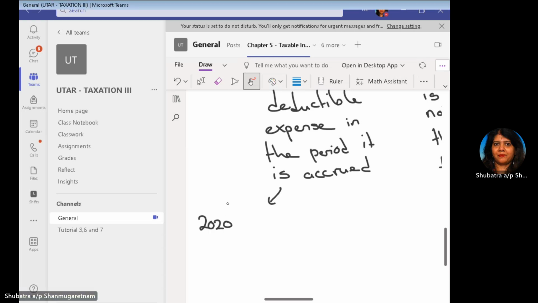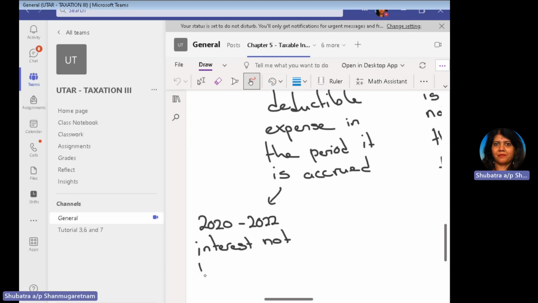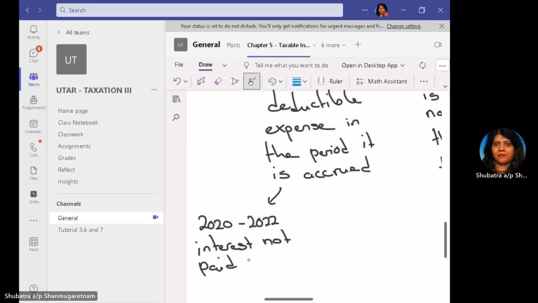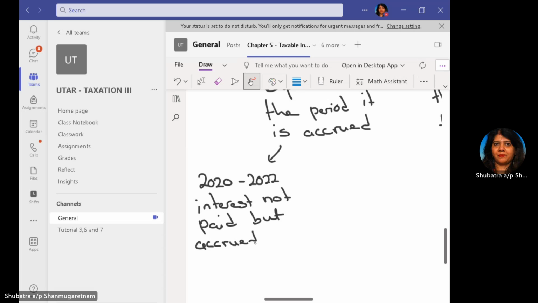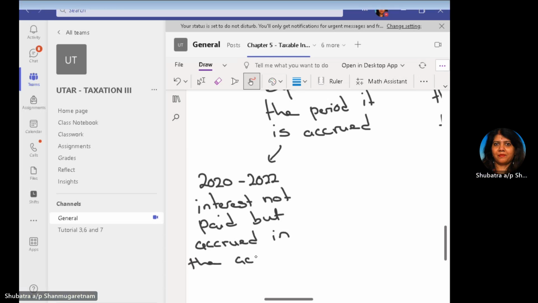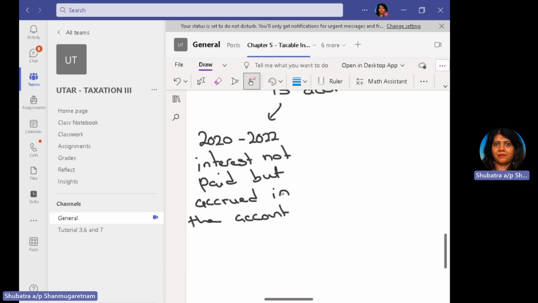Now, example: 2020 to 2022, interest not paid. Interest is not paid, but accrued in the accounts. Interest was not paid, all right, for the loan, but it was accrued in the accounts.